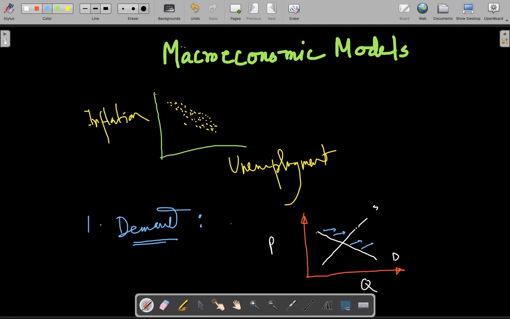The moment my demand increases, the demand curve shifts to the right, and I'll have a different market price for the product or service. So this is my P old and this is my P new. Earlier the quantity was less, but because the demand has increased, the supplier has an incentive to produce more.